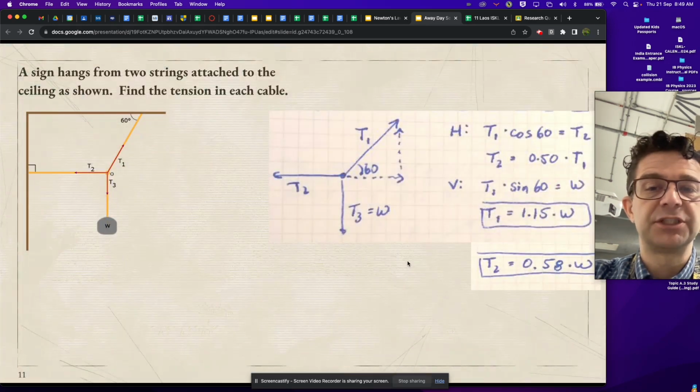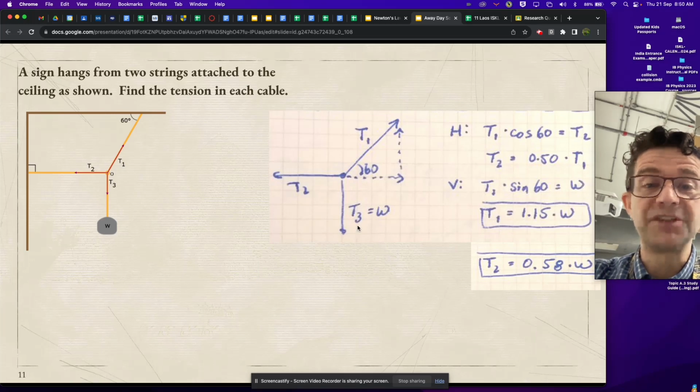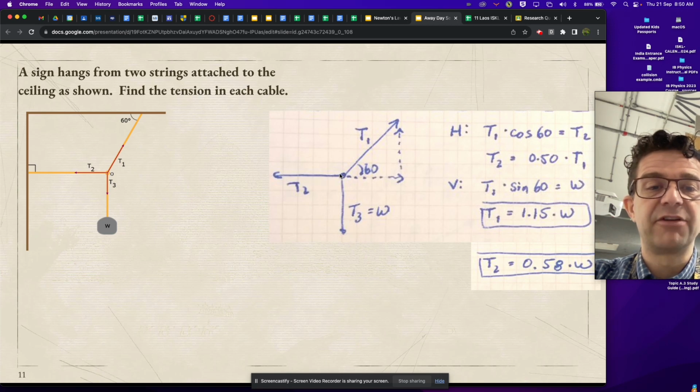With the next solution, let's see if I don't make any mistakes here. There's no numbers, so that usually helps. So we have the free body diagram drawn here, T2 to the left, T1 up and to the right, T3 down. And the only thing we know is that we'll say T3 is equal to the weight of this object.